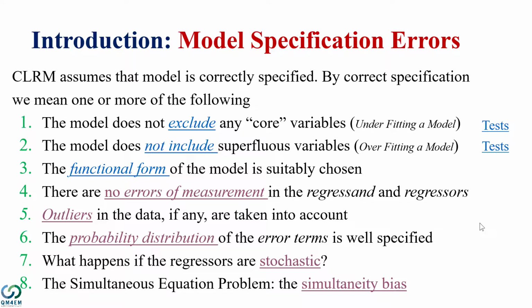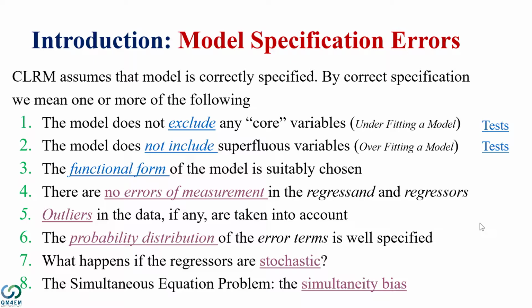Then we said that correct specification refers to one or more of the 8 given issues, and we discussed in detail all those 8 issues, starting with the inclusion of all important variables, and not including any irrelevant variable. We also discussed the consequences of having these issues and how we can test for them.